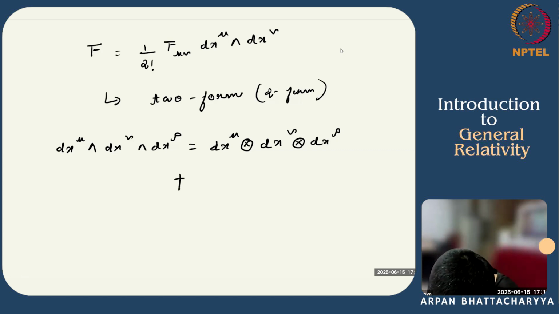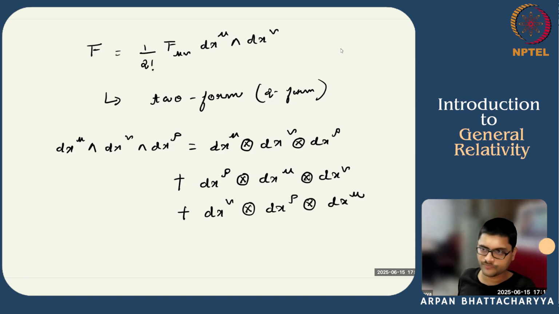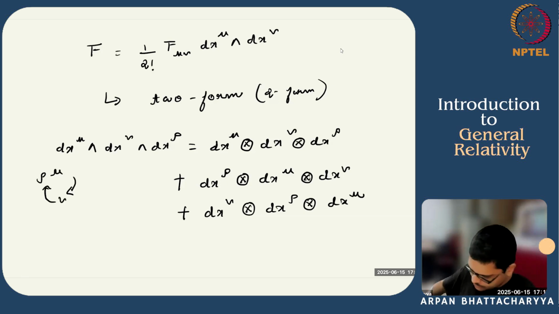So we'll have dx^rho dx^mu dx^nu plus dx^nu dx^rho dx^mu. So the cyclic combinations, mu goes to nu goes to rho, and when you interchange any two indices, which are the non-cyclic combinations, will come with a minus sign, and there will be three such elements.